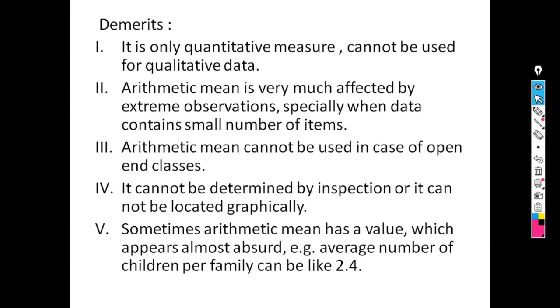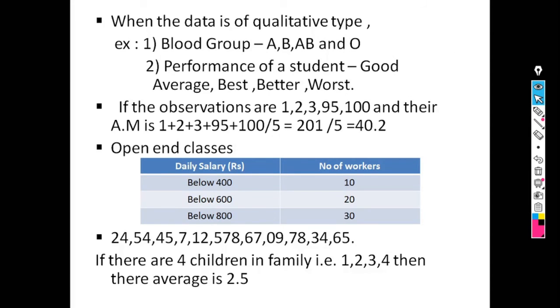Now what are the demerits of arithmetic mean? First demerit is it is only quantitative measure, cannot be used for qualitative data. Qualitative data means this type of data, blood group or performance of a student. Suppose the performance of a student may be good, average, best, better or worse.